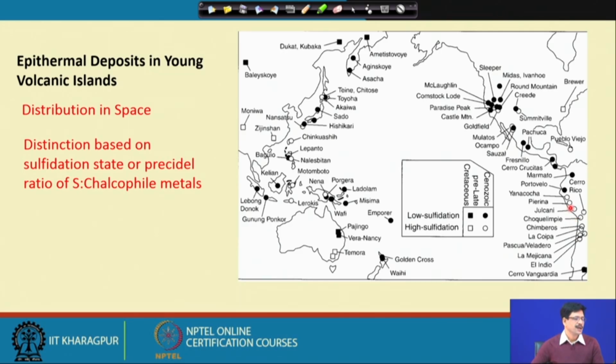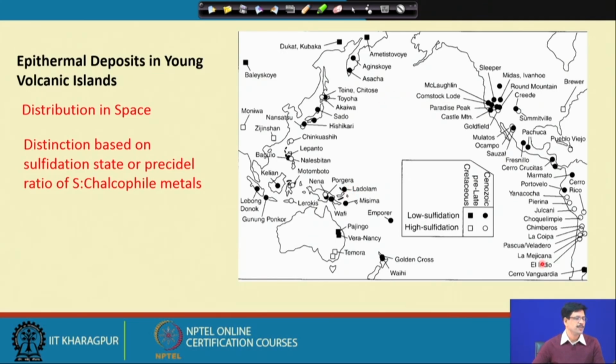That means they must have some common parentage as far as the mineralization process is concerned, and in most such deposits it is observed that they do have a very close time relationship. They are mostly synchronous, or at the same time as the formation of these porphyry copper deposits, which themselves are very young. Deposits such as Ladolam are about 400,000 years old, meaning 0.4 million years old.